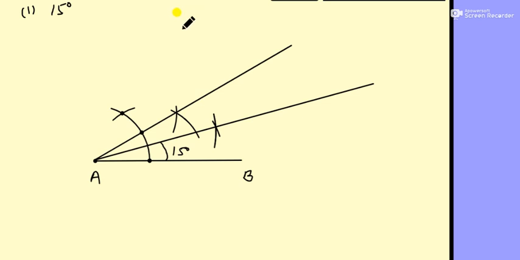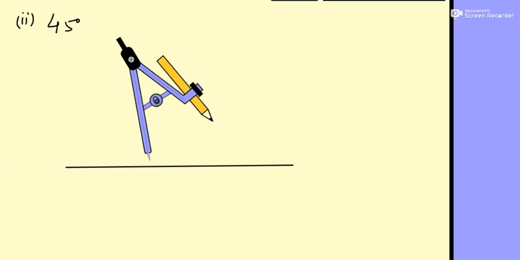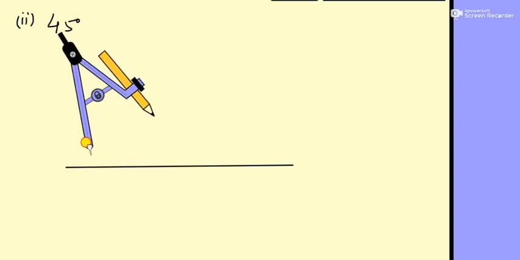Now let us start your second angle. Yes, the second angle is 45 degrees. How can we form the 45-degree angle? It is very easy to form the 45-degree angle. Let us take a scale and draw a line like this, and remove the scale and take the compass, and now the compass point is here.